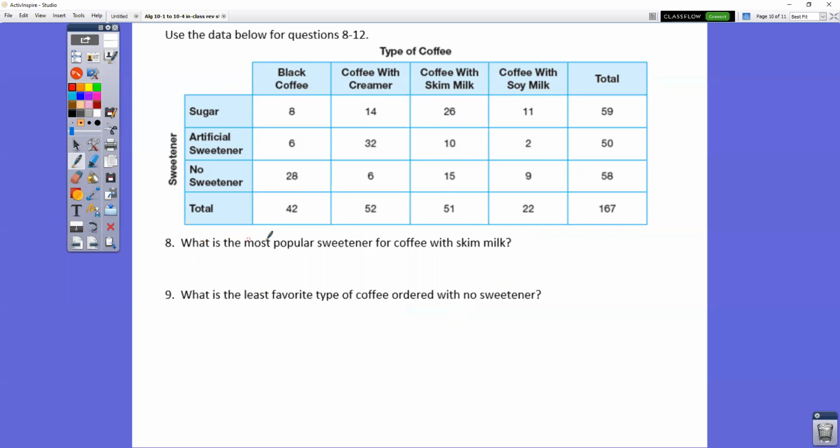Number 8 says, what is the most popular sweetener? Notice that all three of these are sweeteners. It's labeled sweetener on the side. Which is the most popular sweetener for coffee with skim milk?